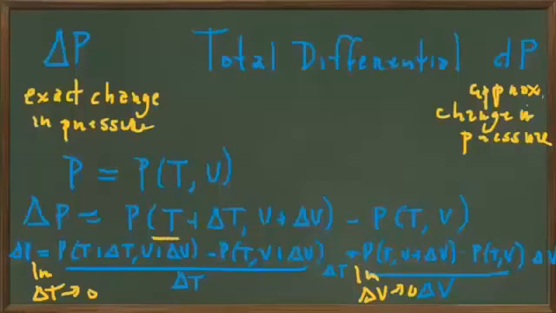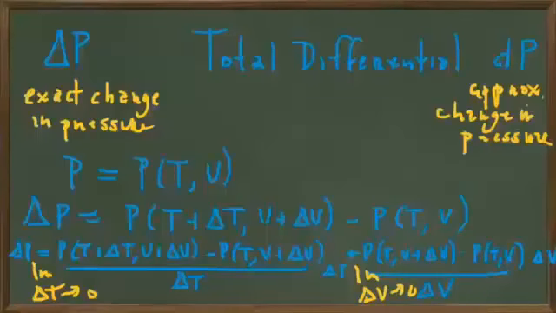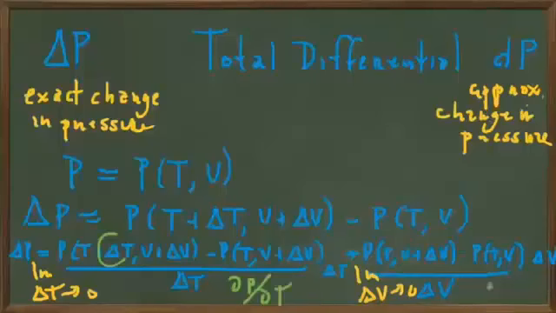So here in this first expression we are changing only T. It's T plus delta T and T, whereas we are not changing V. Whereas in the second expression we are changing V, but we are not changing T. So it should make sense that the first expression's limit would be partial P with respect to the change variable T, and the second one would be partial P partial V.